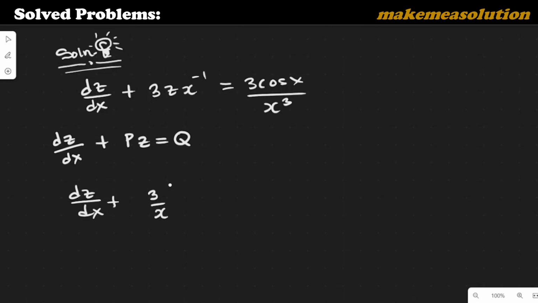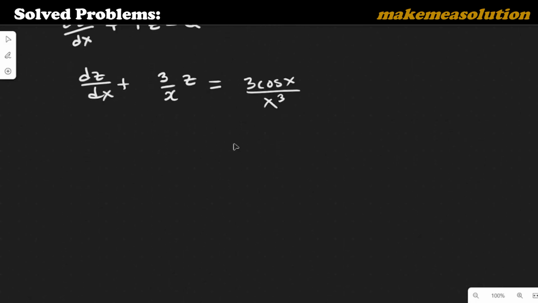So 3z x to the minus 1 is 3 over x, then z, equals 3 cos x over x cubed. Alright, so let's see where this takes us. Of course, our p in this case is 3 over x, and our q in this case is 3 cos x over x cubed.